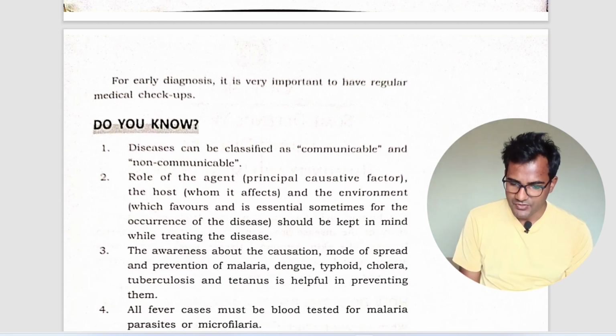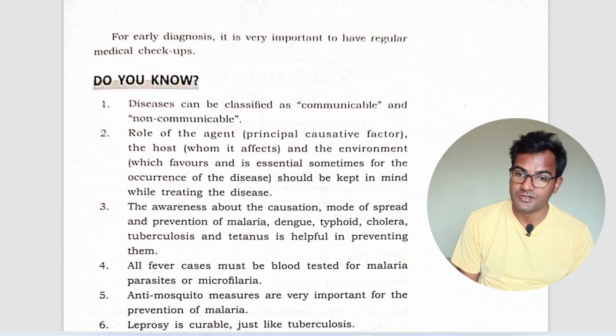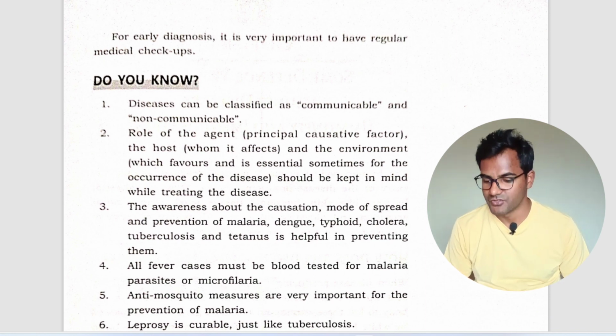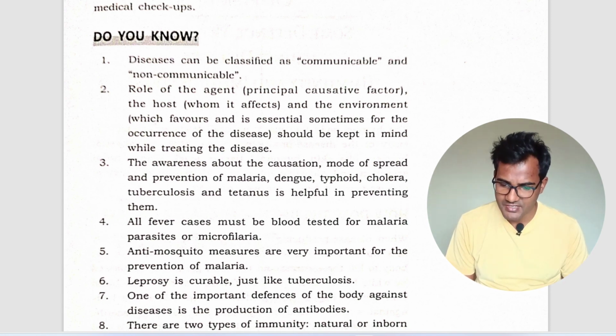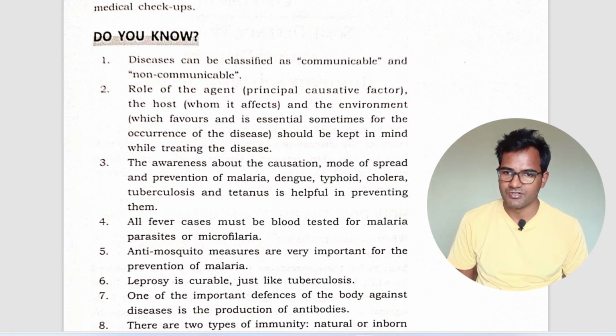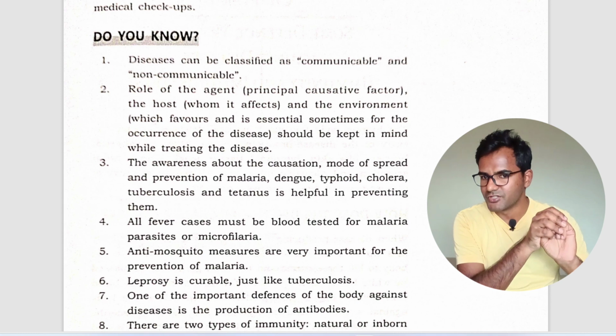For early diagnosis, it is very important to have regular medical checkups. If you want to diagnose your problems early, you need to have regular checkups with your doctor, right? There are certain facts written here. Let me read out: disease can be classified as communicable and non-communicable. As I already told you, disease can be classified into two, communicable and non-communicable, right?